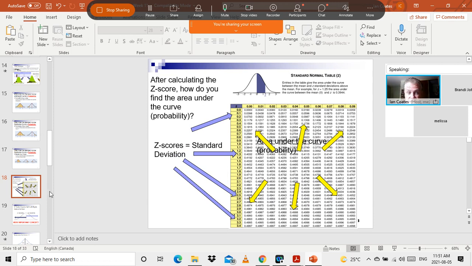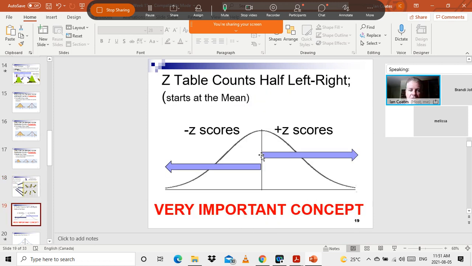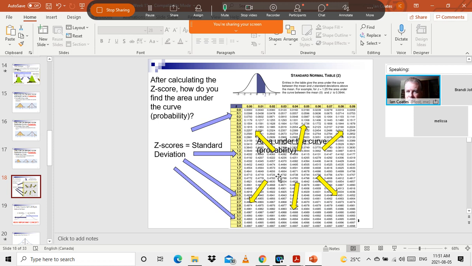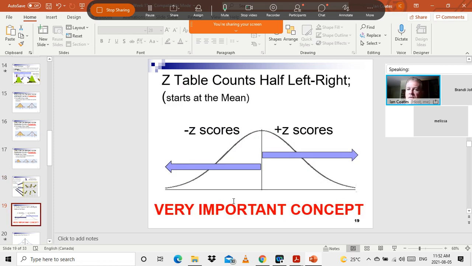That's all this is. This one here could be probably one of the most important slides of the day. This Z-score table, okay, you find your Z-score, and then within it, there you find your probability, right? Well, how that table works is it works from the zero mean. So if I want to find a probability on this side, this is how it measures out.